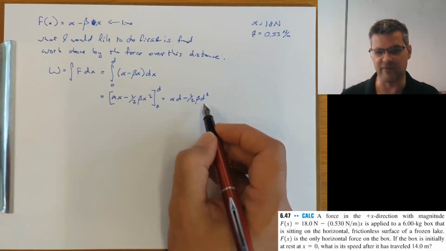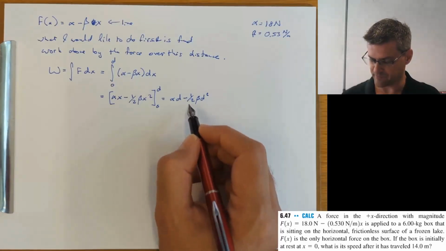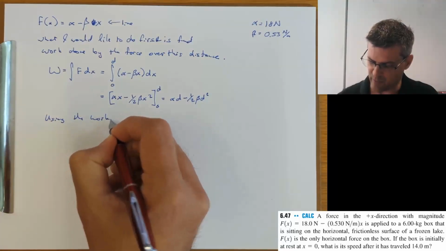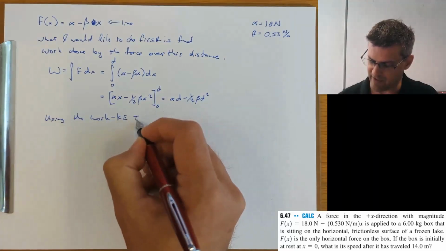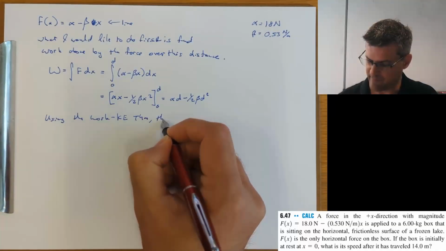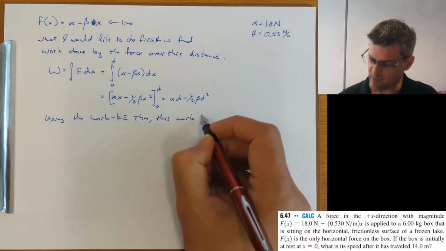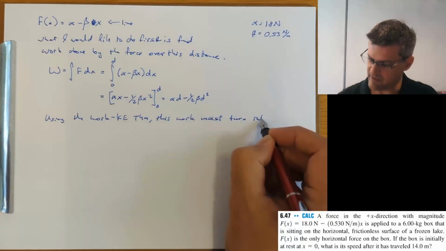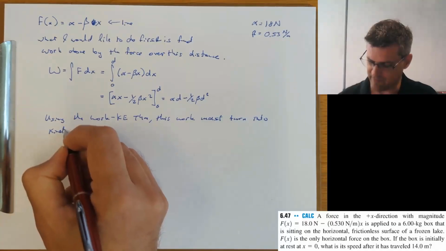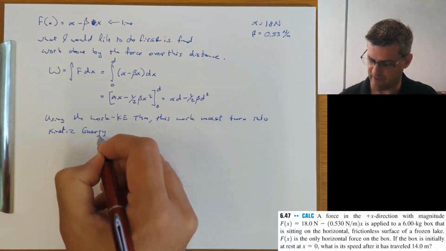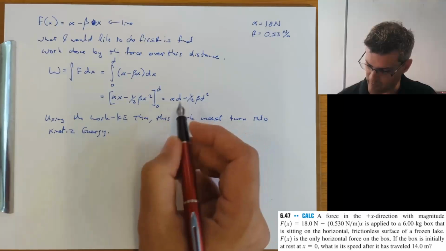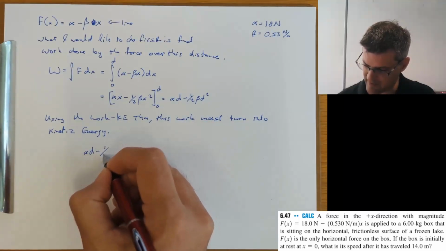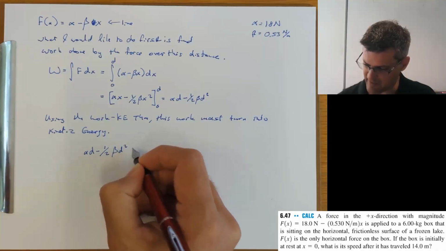This is the amount of work that was done. Using the work kinetic energy theorem, this work must turn into kinetic energy. Sorry about the handwriting. So what we have found is alpha d minus 1/2 beta d squared.